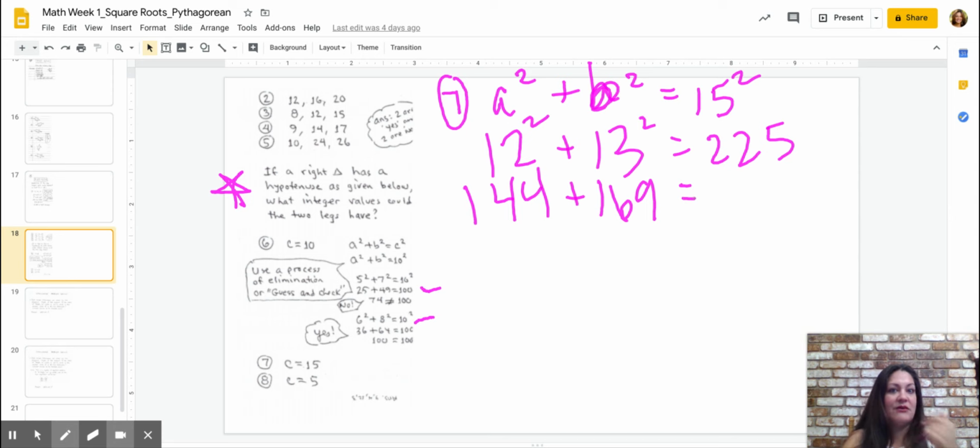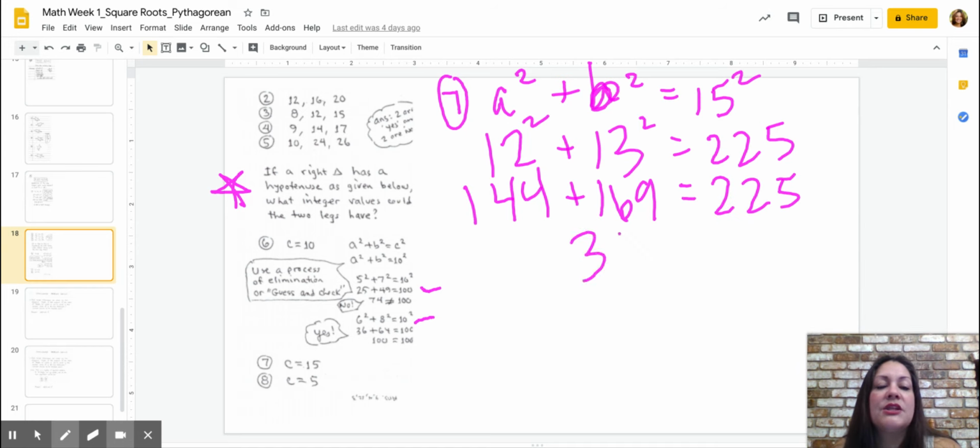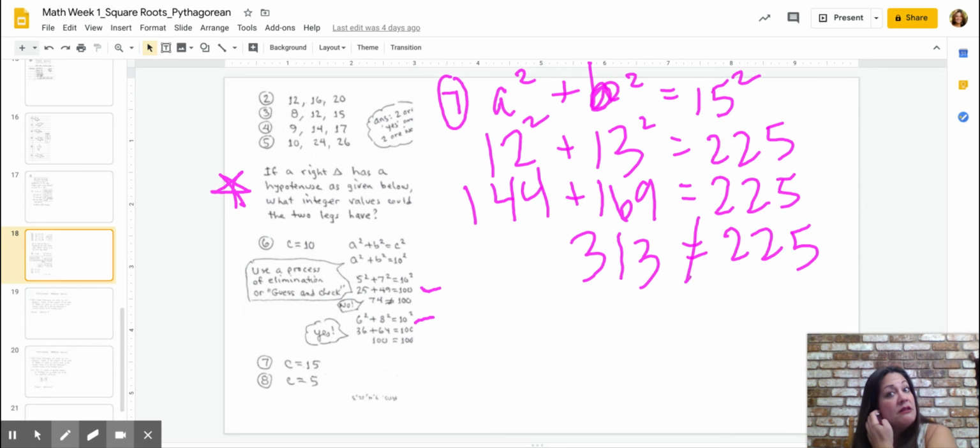What does it equal? I don't think it's going to work because 9 and 4 does not end in a 5. 144 plus 169, 313. Okay, so I can look at this. Okay, so 313 is too big by actually a lot.